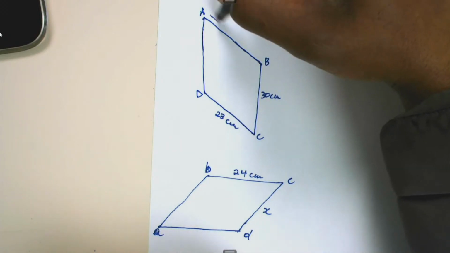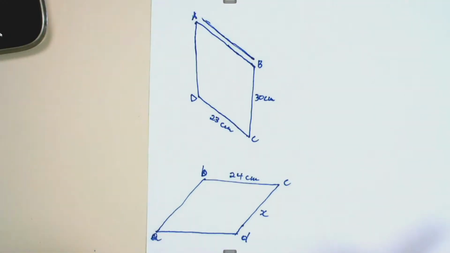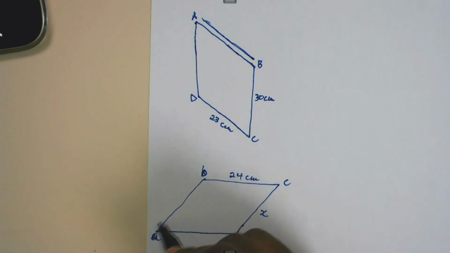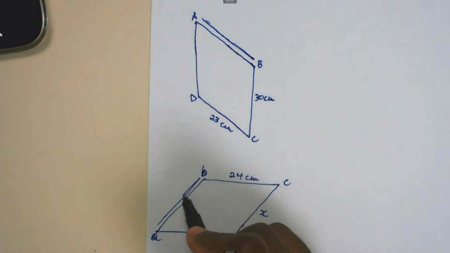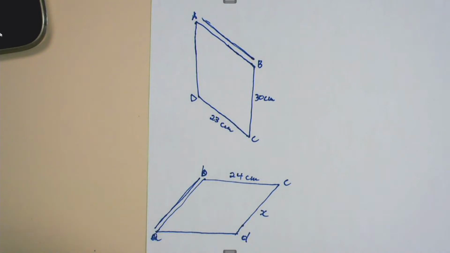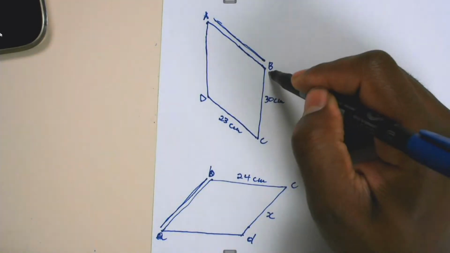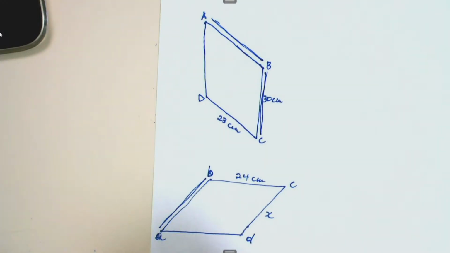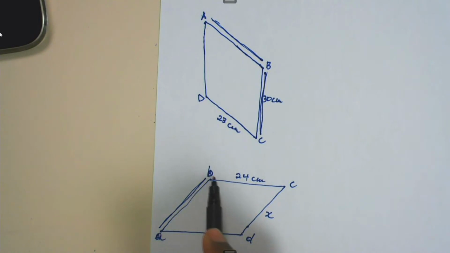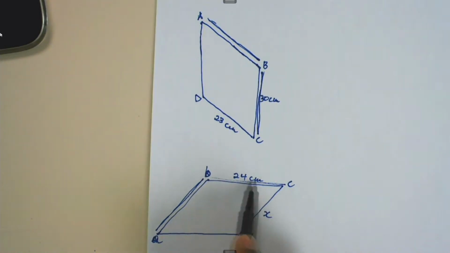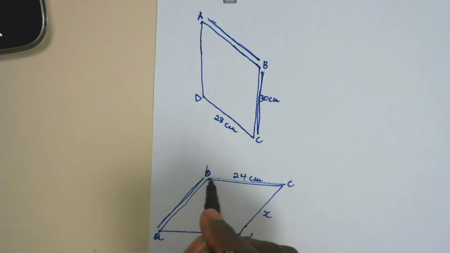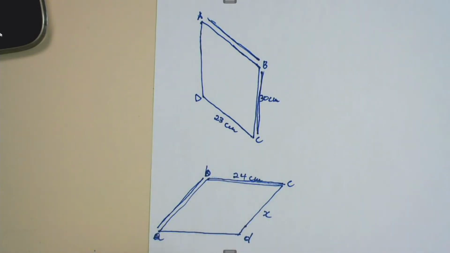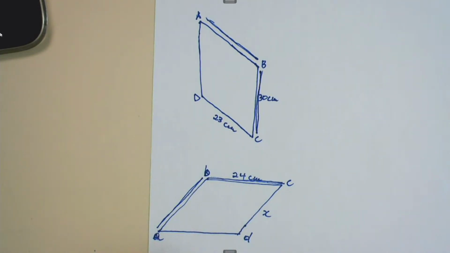Here we have a corresponding side AB. It is corresponding to this side. And also, we have side BC. Let me just write, it is corresponding to this newly created small side BC. So it is very important to find the corresponding sides.